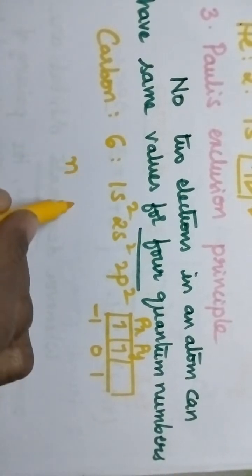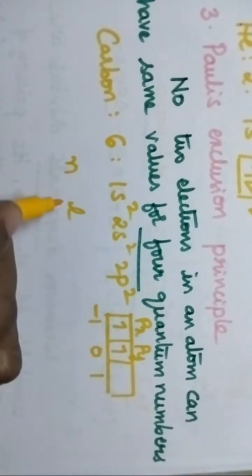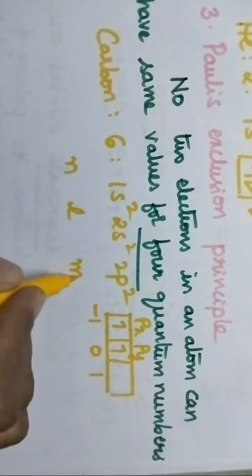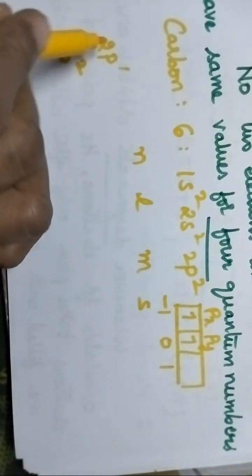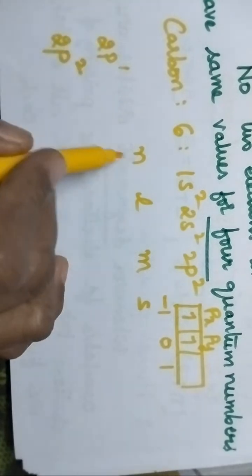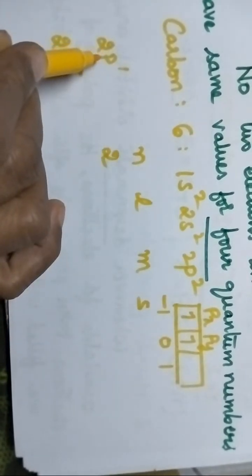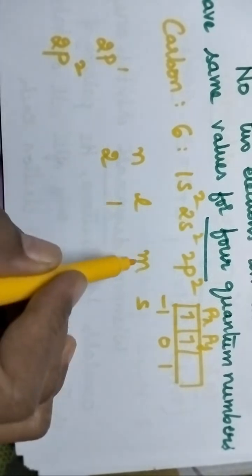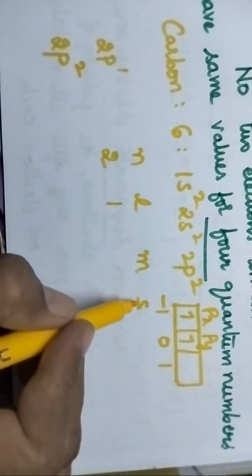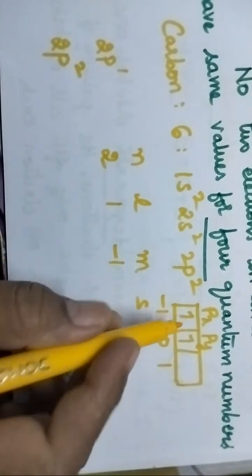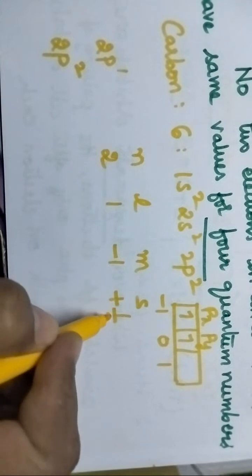Let us write the quantum number values for px and py electrons: n, l, m, s. Coming to the first electron, 2p1, n value is 2, l value, that is p orbital, hence it is 1. m value, if you carefully observe the detailed configuration, is -1 and it is the first electron, so s is plus half.